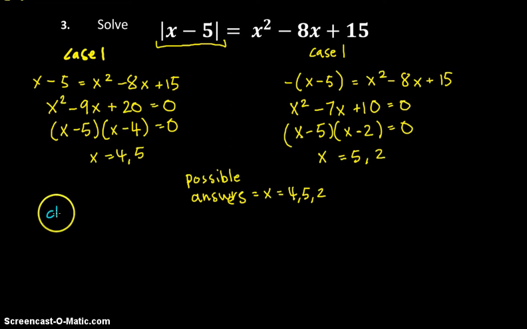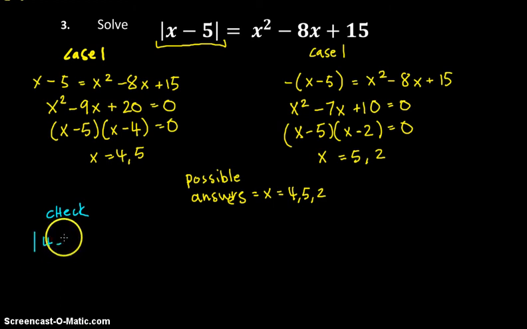If we check, we are plugging these numbers into the original equation, not these guys, but the original. So the absolute value function gets involved. I'll just give you one of these. Let's see what happens if I plug in 4.